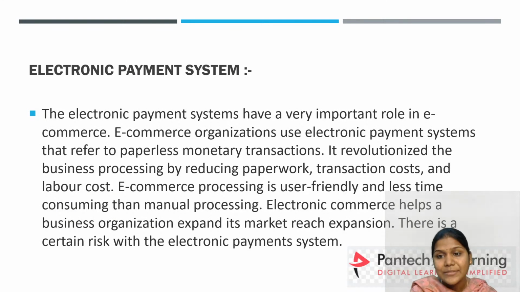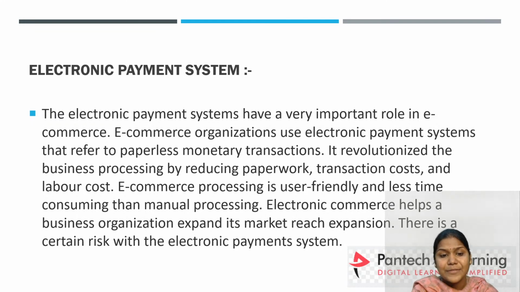Electronic payment systems have a very important role in e-commerce, where organizations use electronic payment systems that refer to paperless monetary transactions. It revolutionized business processing by reducing paperwork, transaction cost, and labor cost. E-commerce processing is user-friendly and less time-consuming than manual processing.